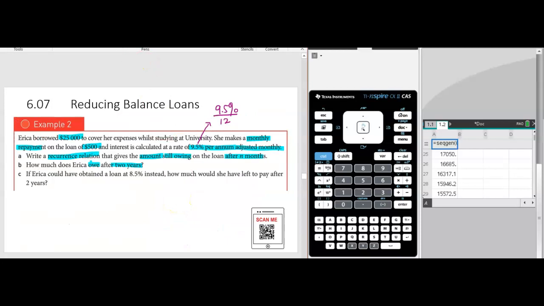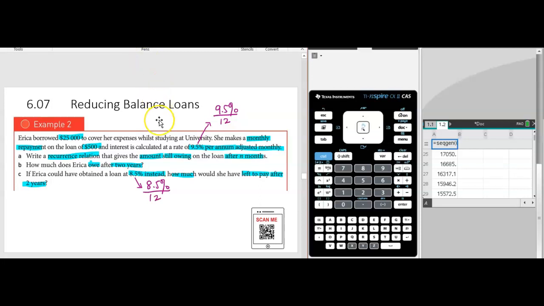Now let's go to section C. Erica has obtained a loan with 8.5% instead. Compared to the previous one, you have a 1% reduction. How much will she have to pay after 2 years? Again, the interest shown here is yearly. To make it monthly, I have to divide it by 12.